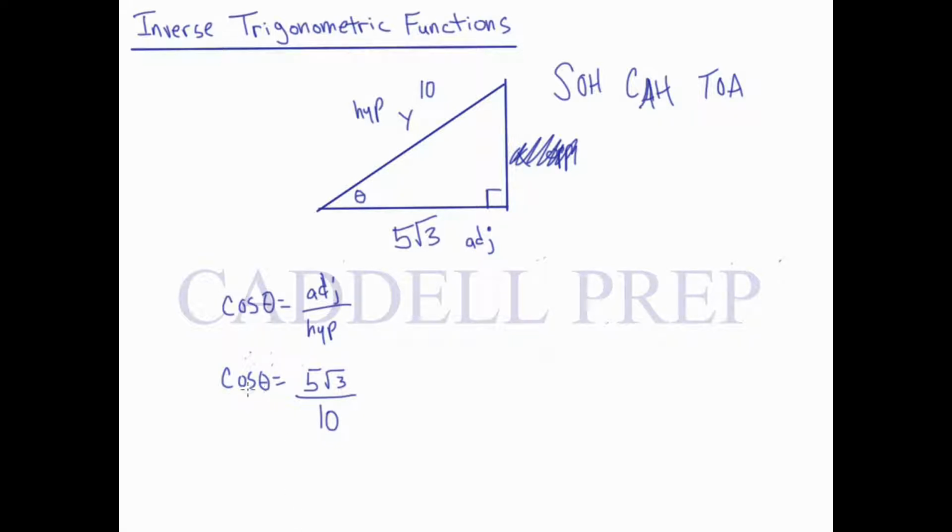And again, we can't divide by cosine, so we have to do arc cosine of both sides, or inverse cosine, and we end up with theta equals the inverse cosine of 5 radical 3 over 10. And if you use your calculator, we'll get that theta again equals 30.